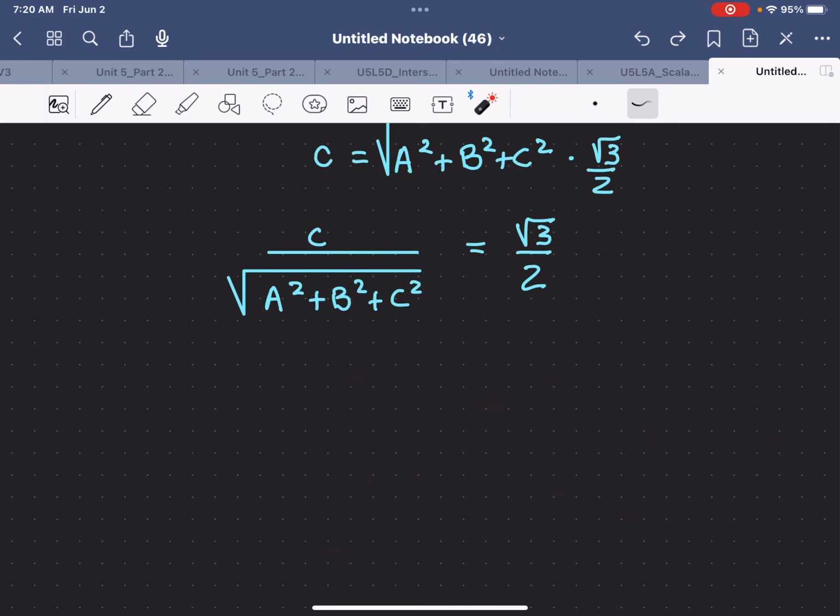So whenever we want to determine the three coefficients of the scalar equation of a plane, we can let one of the coefficients, let's say the coefficient c, be a number, and then we can use the relationships that exist between c and the other two coefficients to complete the equation.